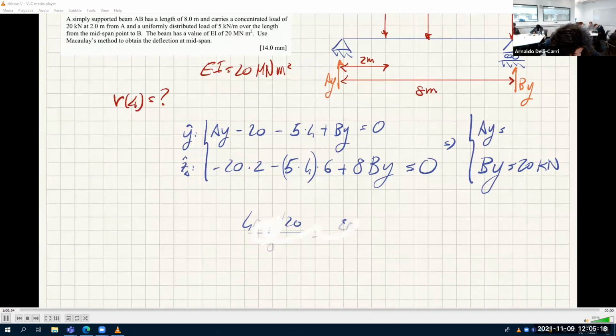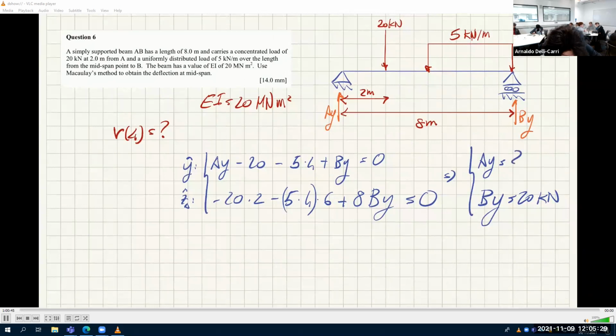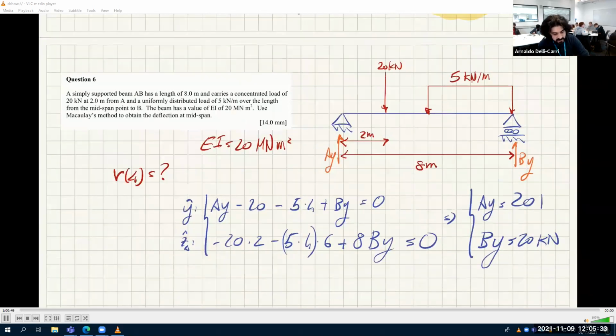So AY is 40 minus 20, which is 20. Yeah, of course, it makes sense because for equilibrium, this thing is equivalent to a 20 kilonewton force applied here, which is exactly a symmetric beam in this case. So you have 20 on A and 20 on B. So this makes sense.